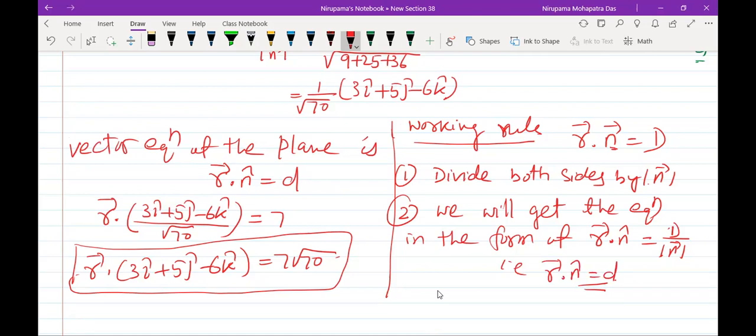Then this will be the distance of the plane from the origin, right? And from n cap, you can find the direction cosines of the normal, because whenever we write any vector Lx plus My plus Nz, this is basically a unit vector. So n cap can be written like this, and L, M, N will be the direction cosines of the normal vector.